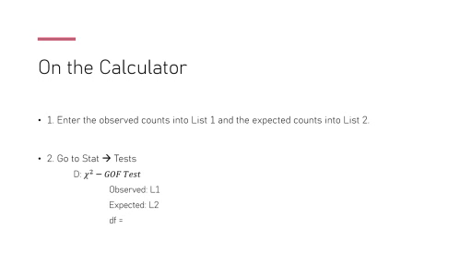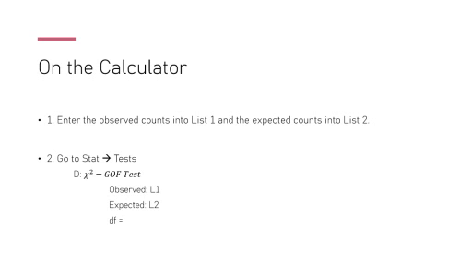On the calculator, you would type all of your observed counts into L1 and all your expecteds into L2. You go to stat, go over to test, D, chi-squared GOF test.